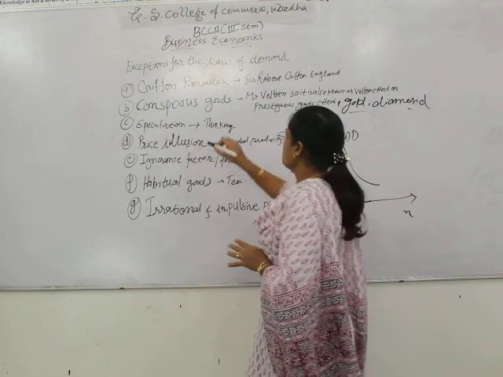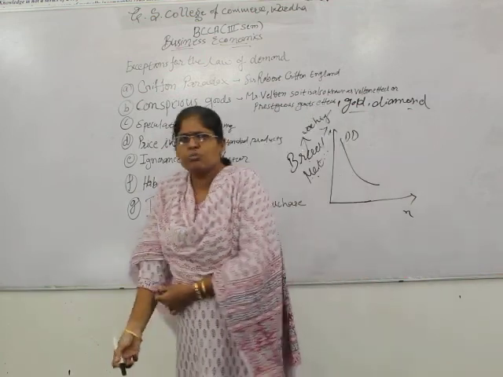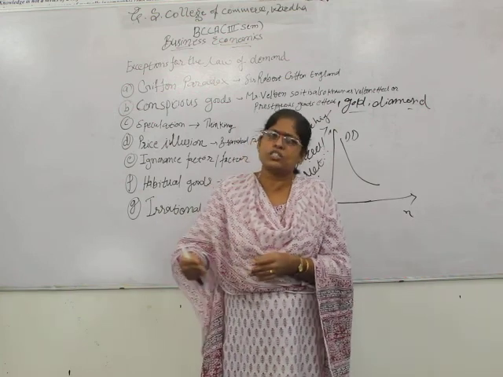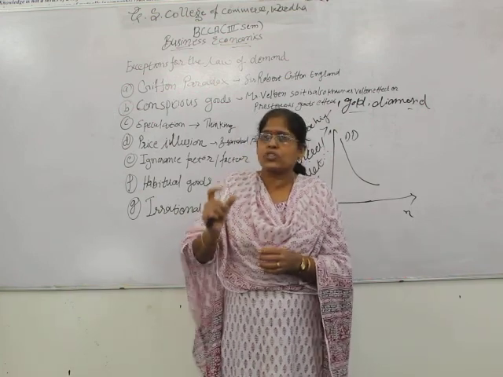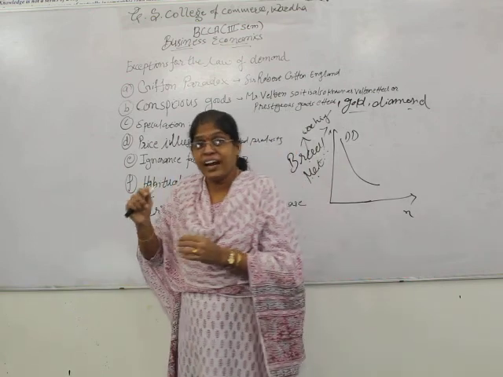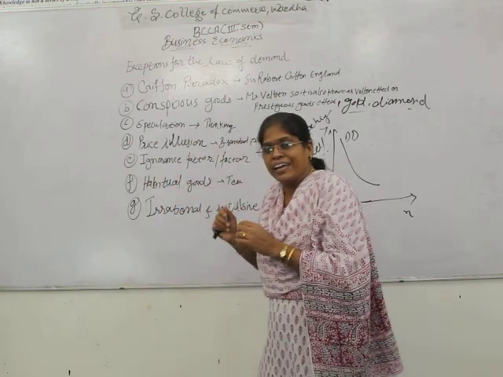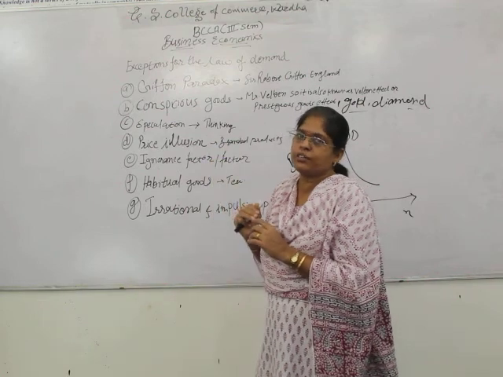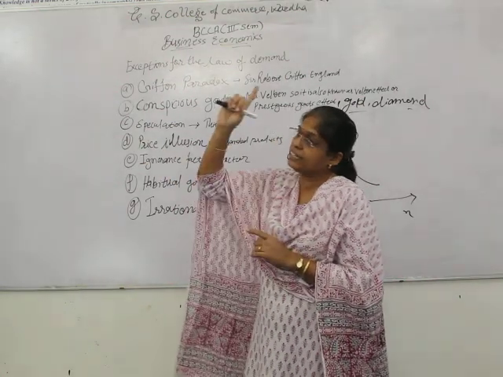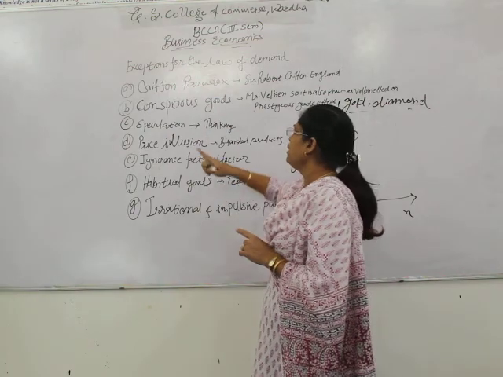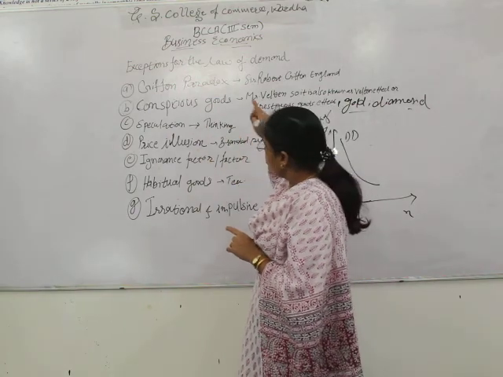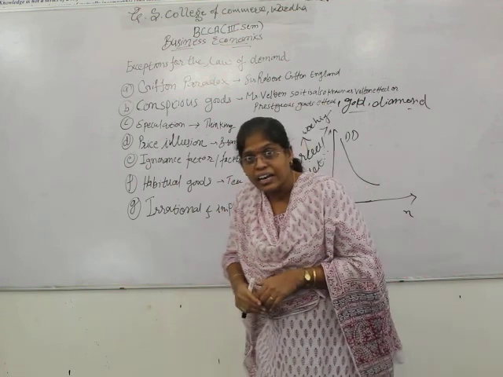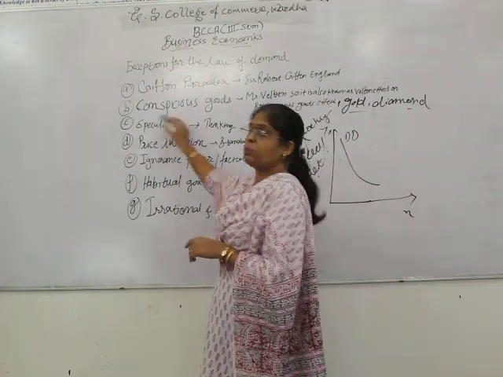In speculation, consumers think that after 3 months, 6 months or 8 months, the prices of the product may get reduced, and they will buy those products at that time. So the law of demand might fail, and that is why it is called speculation.